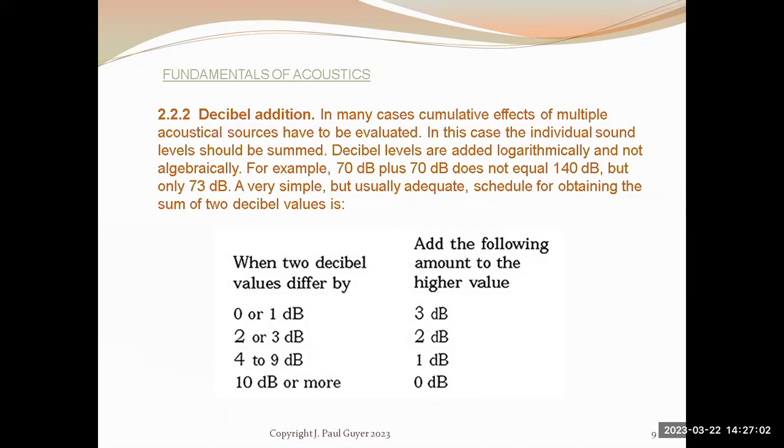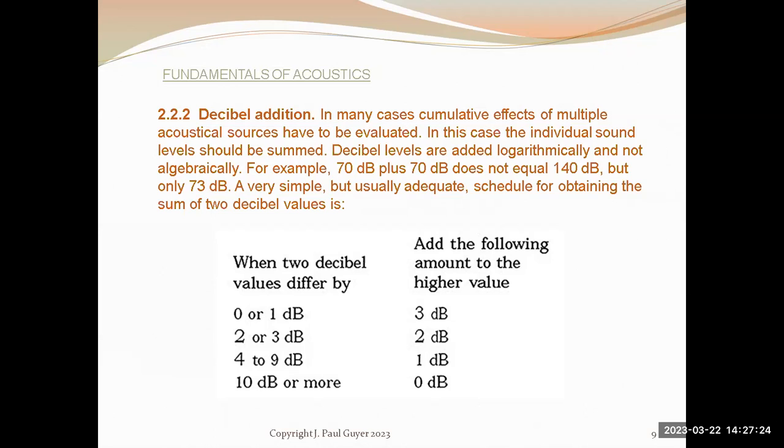If the 2 decibel values being produced differ by between 0 and 1 decibels, the sum of them will be approximately 3 decibels higher than the higher of the 2 decibel levels.